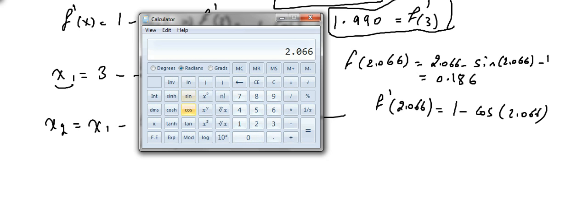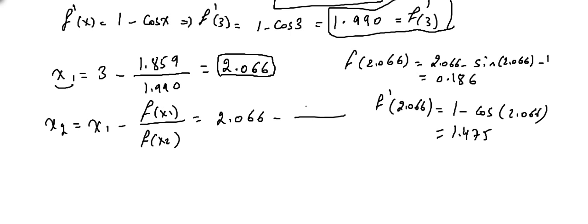We need the cosine of 2.066, and then 1 minus this number. So we multiply the number by minus 1 and then add 1. The answer will be 1.475. Yeah, this is correct.